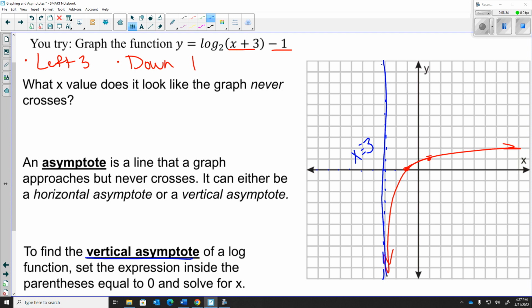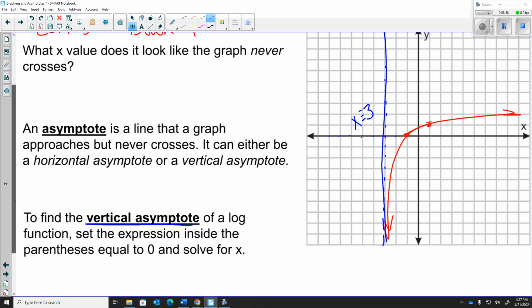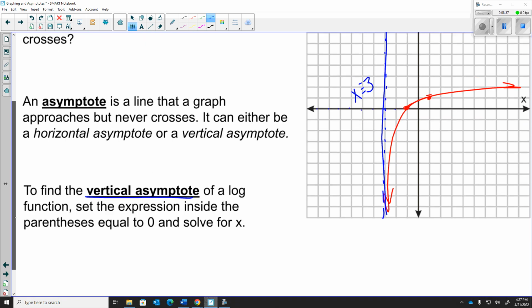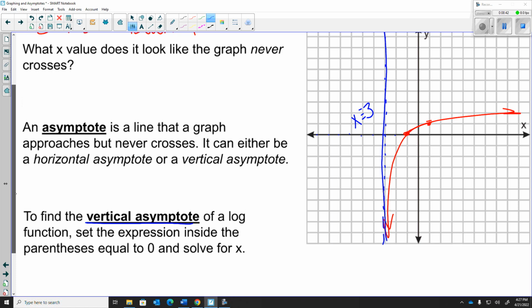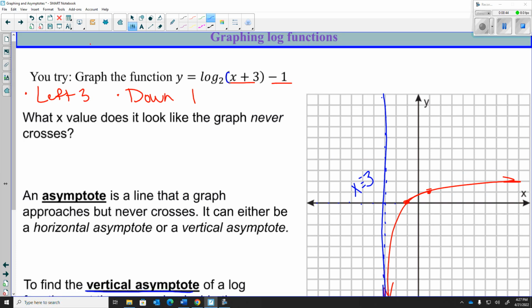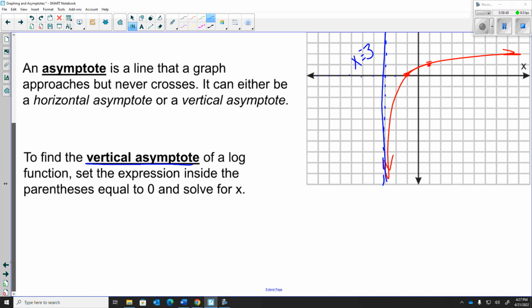To find the vertical asymptote of a log, all you need to do is set whatever is inside the parentheses equal to 0 and solve it. So let's go look at my equation. Look at the parentheses. It's x plus 3. So all I need to do is take x plus 3, set it equal to 0, and solve it. Well, that's pretty easy. It's -3.